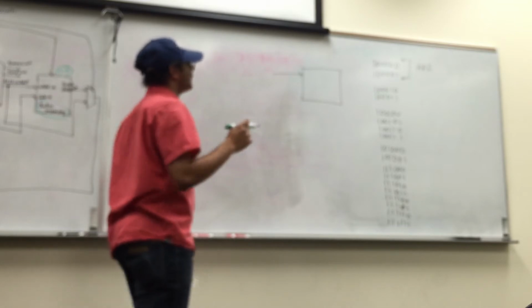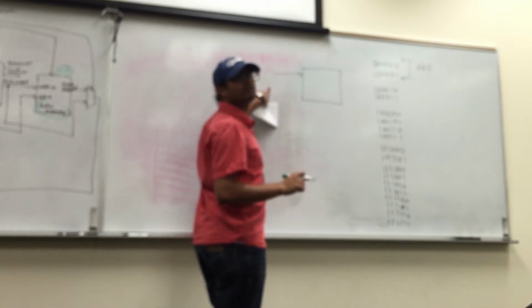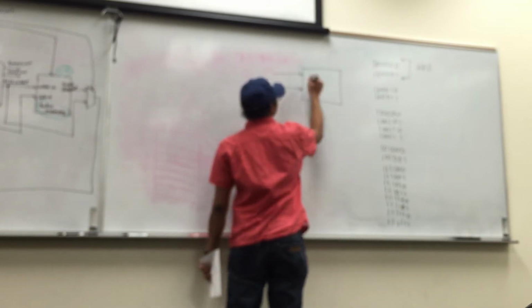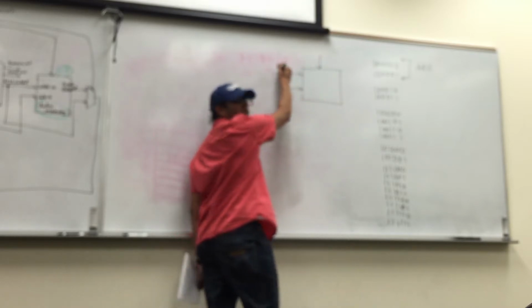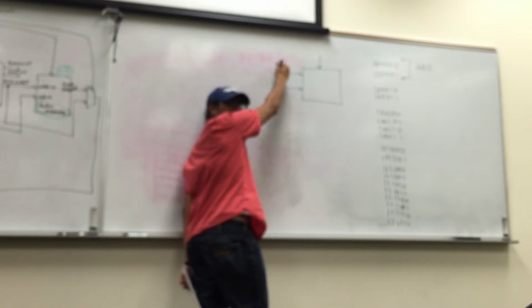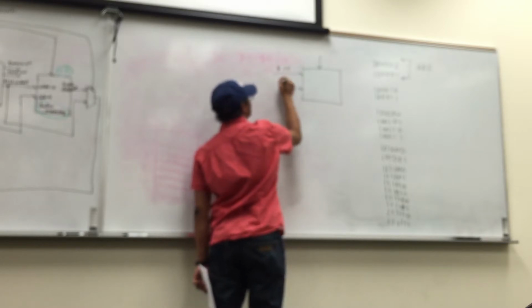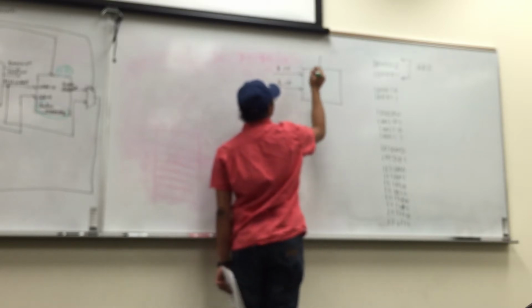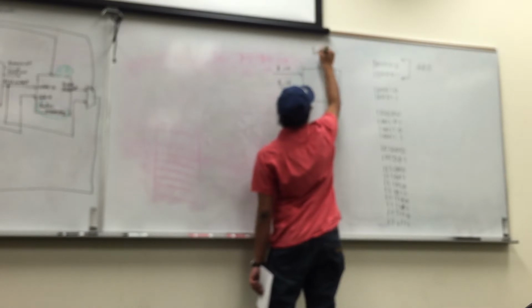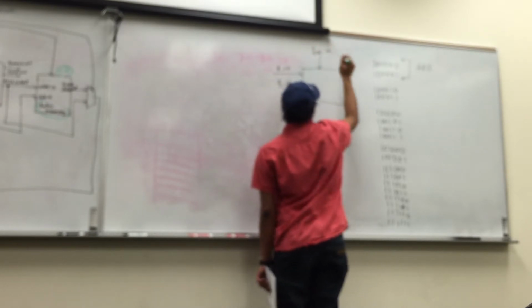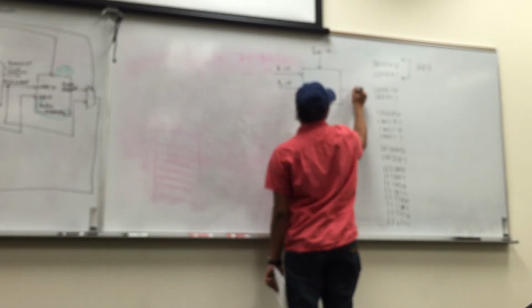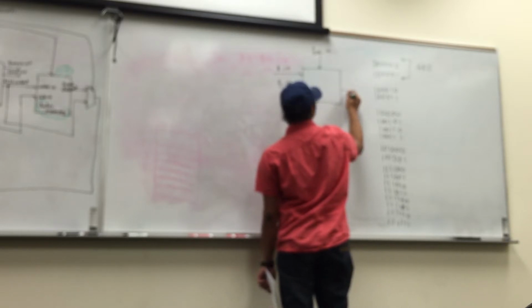What does it look like? Can you tell me the names? A in, B in, this is function in, right? And then what's this called?